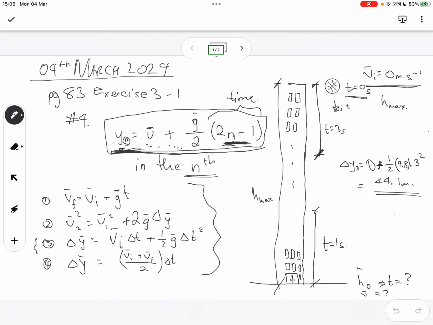But the problem would be we don't know the last term. We don't know how many seconds in total the ball drops.